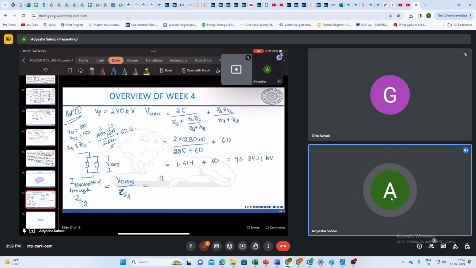That is 96.8421 kV divided by ZS2, which is 150. So we get near about 645.614 ampere.